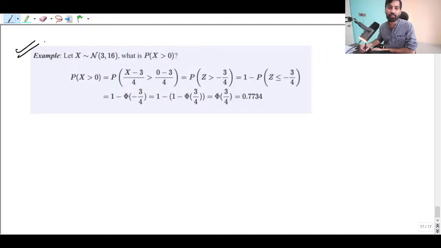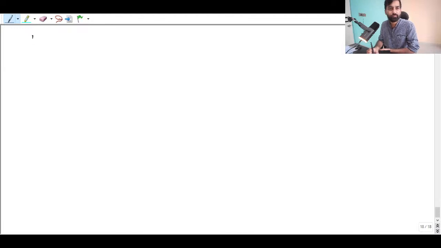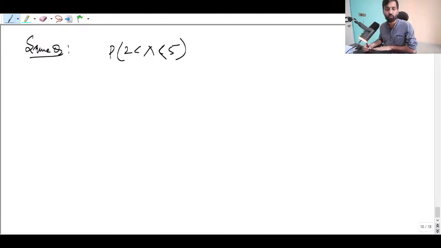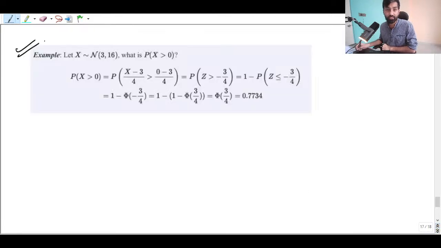Next, suppose you get the same question, but they are asking the probability of x lying between 2 to 5. See, in a continuous random variable, equality does not make any sense. So first of all you have to convert this into standard normal. So subtract 2 minus, what was the mean and standard deviation? 3 and 4.